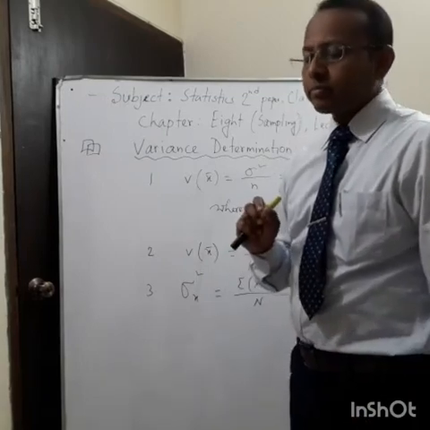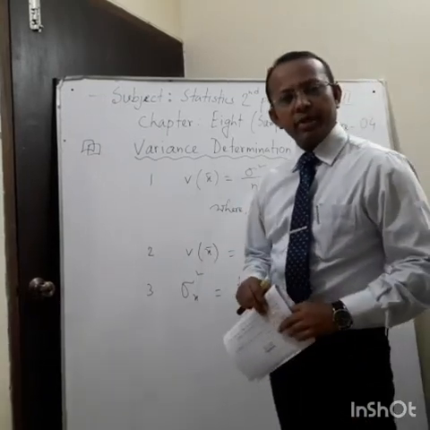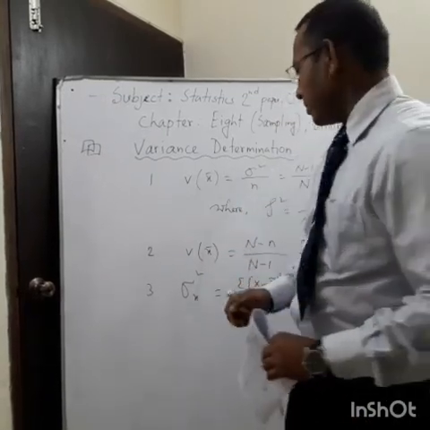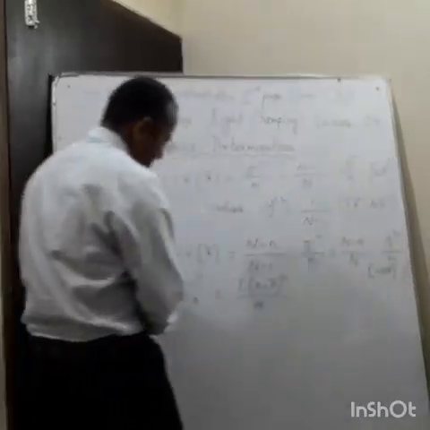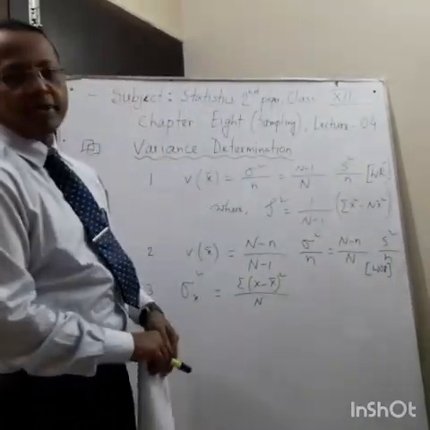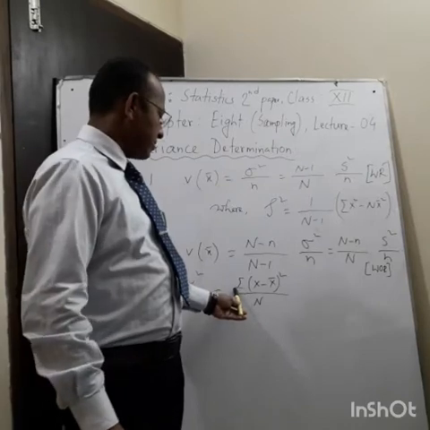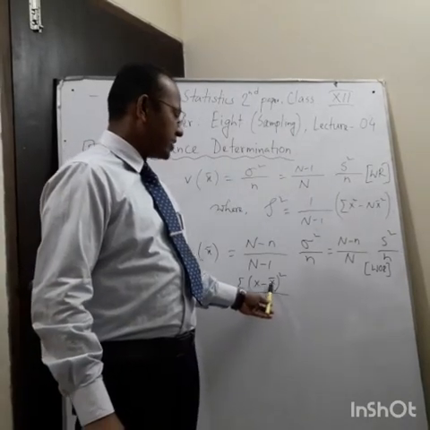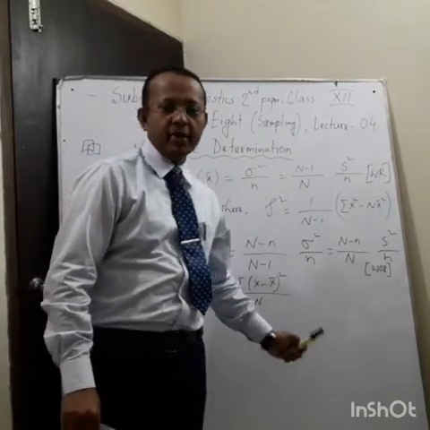When it is the population variance, it is normally denoted by sigma square x, and sigma square x equals summation (xi minus x bar) whole square divided by n.